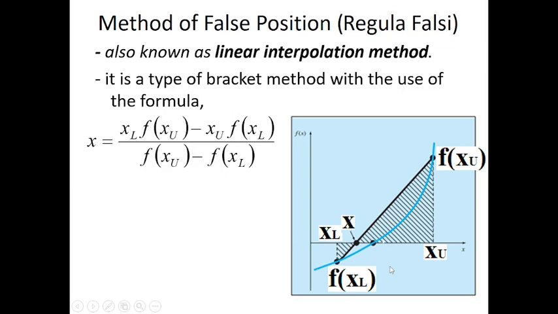So we have here the value of x. No? So in order to solve for the value of x, we will apply the method of false position. Okay. Now, as you notice here, for example, if I have the function f of x equals 0, okay, let's say this is y equals f of x.